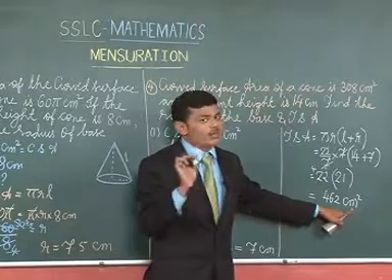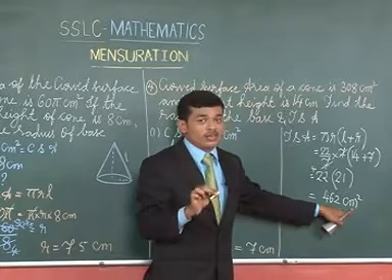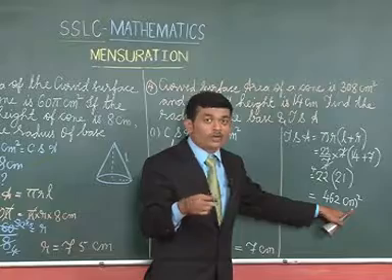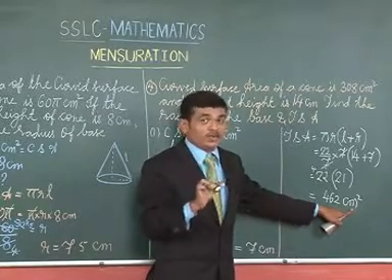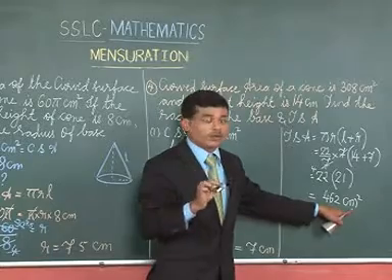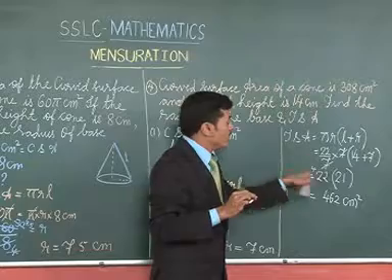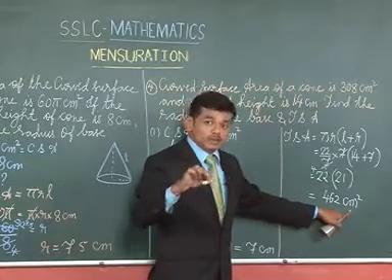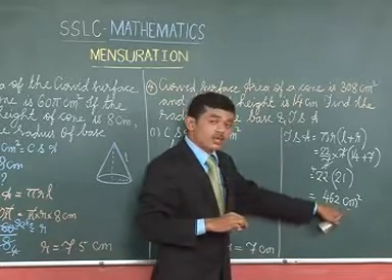Always the area, whether it is the curved surface area or the total surface area, is in centimeter square or meter square or millimeter square, and always the length is in centimeter or meter or millimeter. So now, because it is the total surface area, it should be in square units, and it is equal to 462 centimeter square.